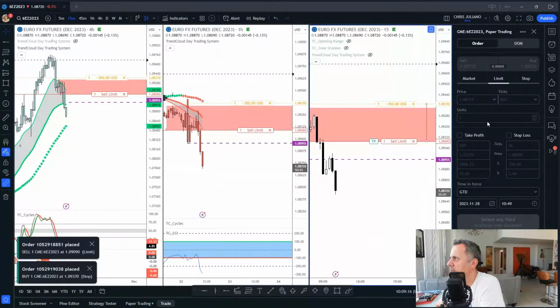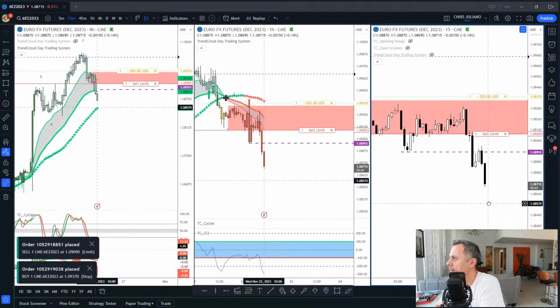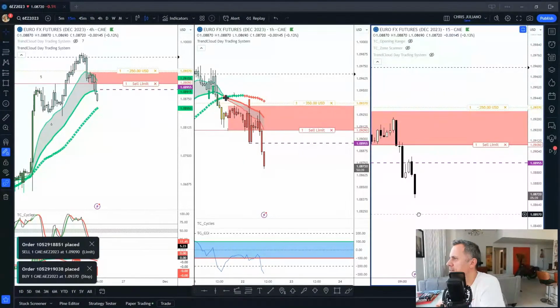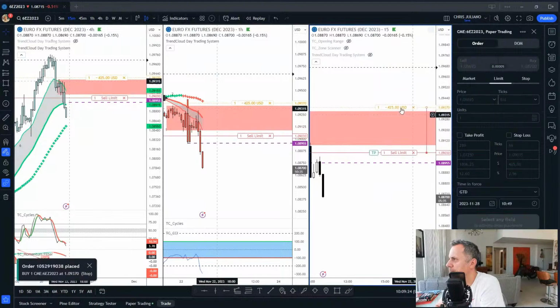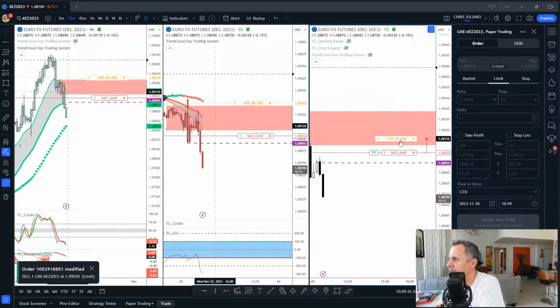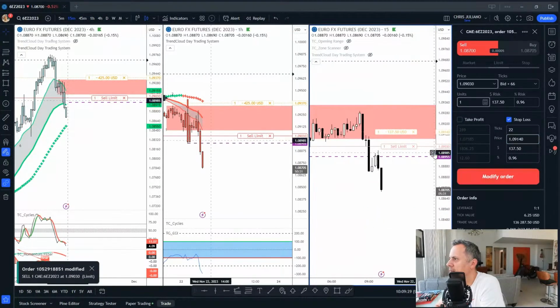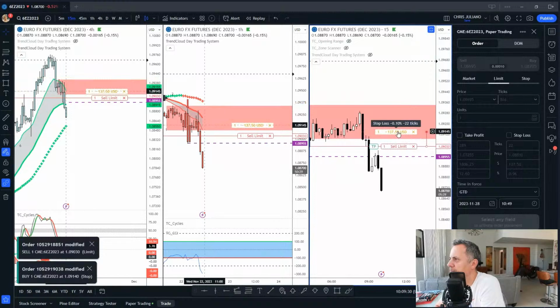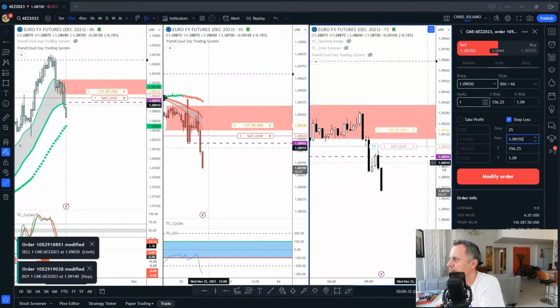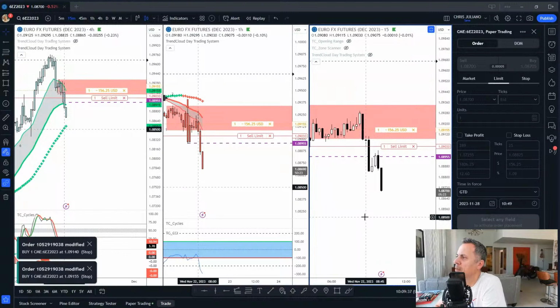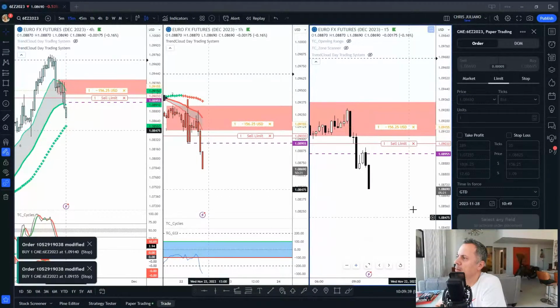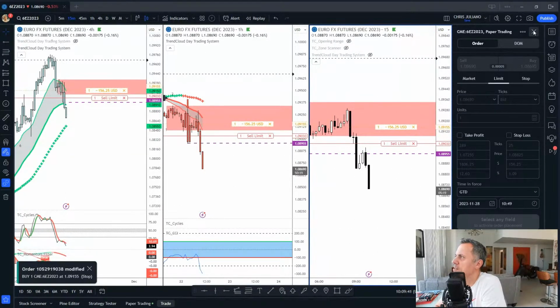Very expensive, unfortunately. That's too expensive. We would have to take something that looked like this. That would have to be our risk.